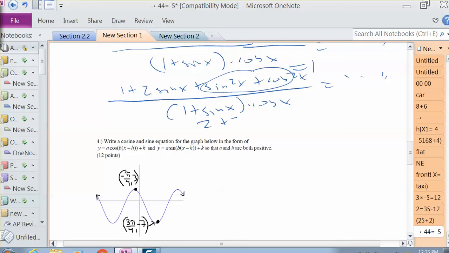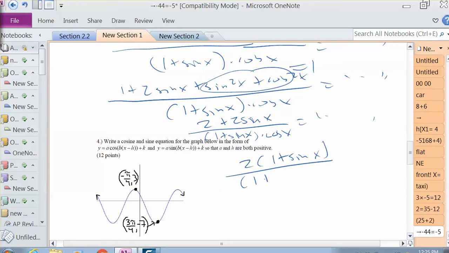So you have 2 plus 2 sine x over, factor out a 2, those cancel. 2 cos x equals this, and of course anything over cos x makes it a secant x, and you have it verified.